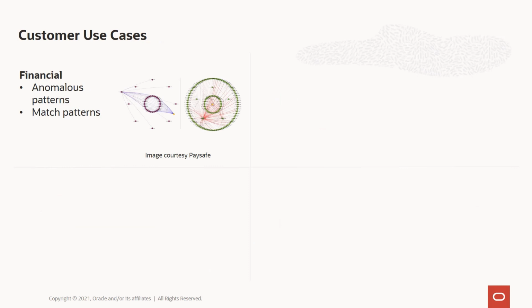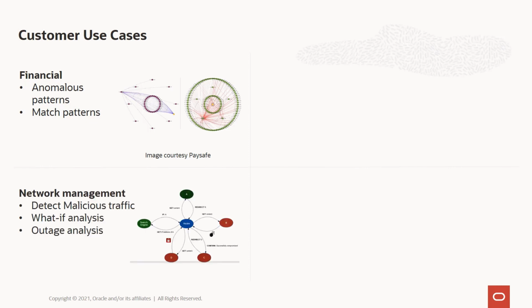And customers are using this to build a variety of interesting applications. In this example from the financial services industry, they use path analysis to identify whether cash transfers between two accounts are going through a lot of intermediate accounts. So that's something they would like to flag and investigate further. In network management, you can use graphs to do what-if analysis, like what happens if a node goes down. And also, there is some interesting work being done around using graphs to detect malicious traffic.